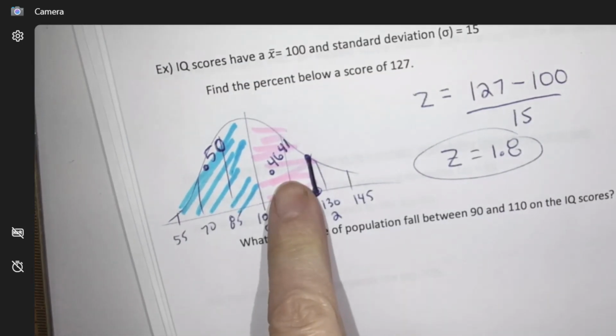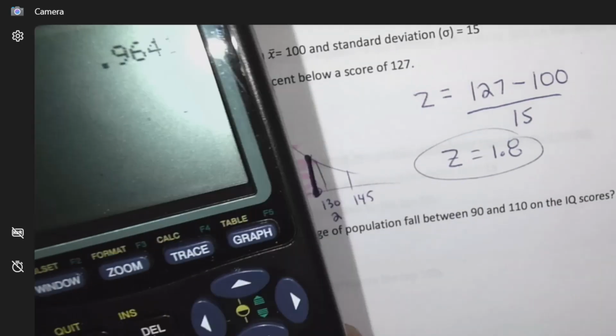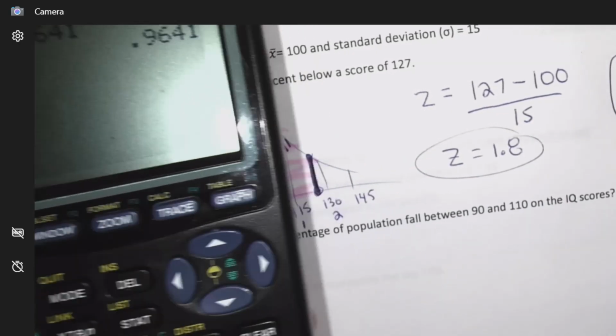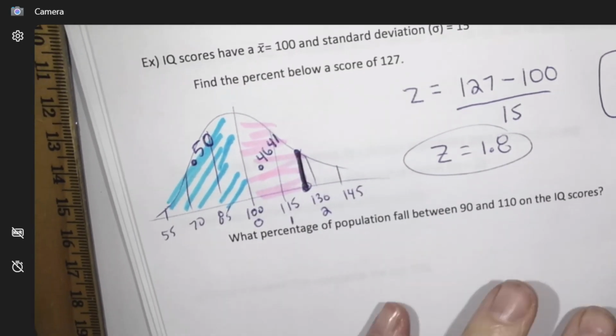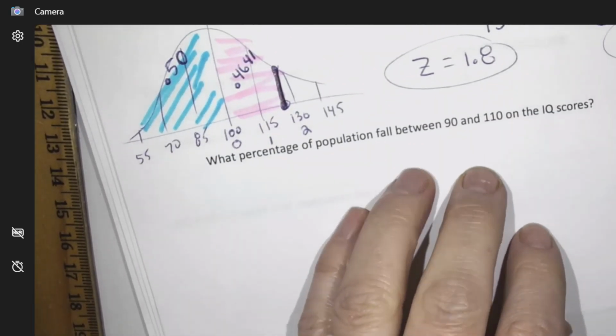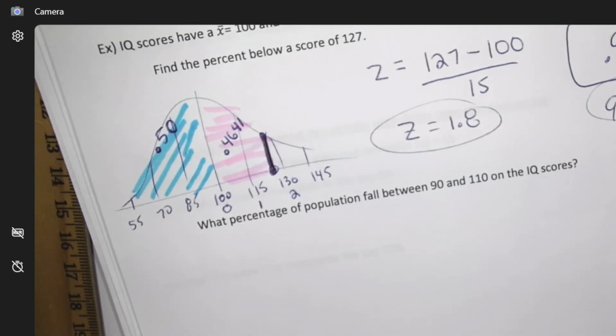So if I add those together, how much of the people are officially below me? 96.41 percent of people are below me. So that's pretty good. You did awesome if that's how many people are below you.